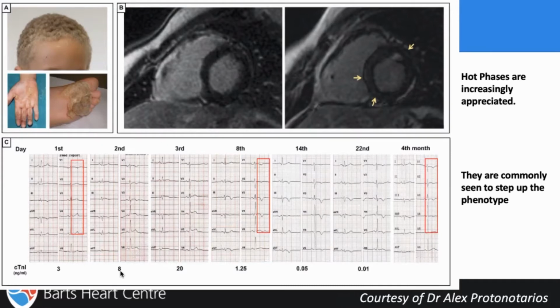And you can see here this is a sign of potentially a hot phase, what we call, where there is increase of the cardiac troponin, a sign of potential cardiac damage. And we can see here in the typical MRI scan potentially uptake or swelling of the heart and progression of the fibrosis. So now we know that these hot phases can happen in arrhythmogenic cardiomyopathy, and we think there may be a step up of the phenotype.